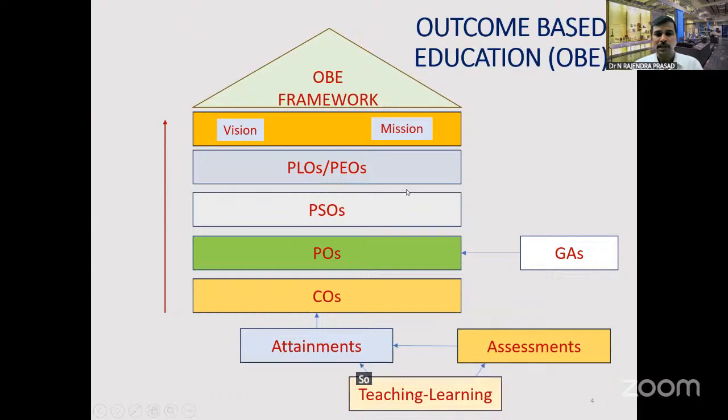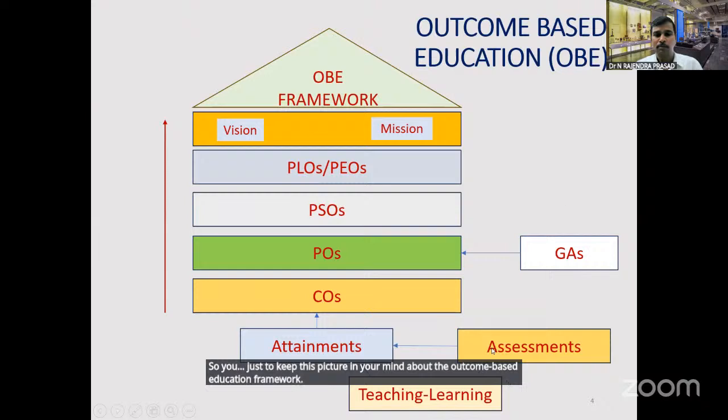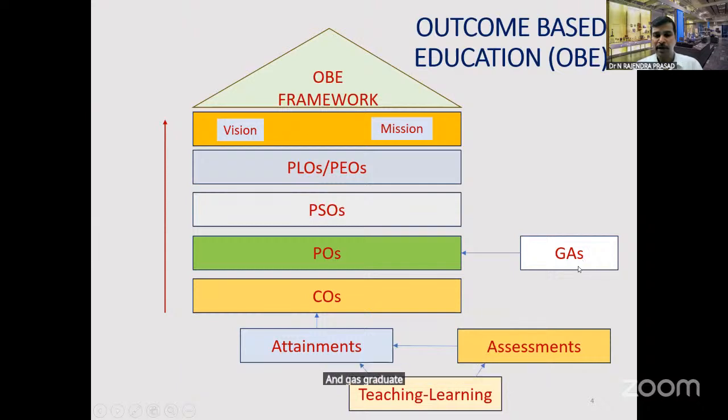Just keep this picture in your mind about the outcome-based education framework, where there are various components: teaching, learning, assessment, attainment, COs, POs, PSOs, PLOs, PEOs, vision, mission, and graduate attributes. Let me come back to this later.